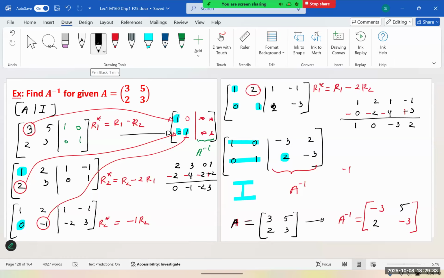So R1, 1, 2, 1, -1. Oh, yeah. 2 times 2, 4. 2 times 3 should be 6. Oh, man. Thank you so much for catching that. So this is -5. No, sorry, +5 because our 6 is positive. So 1, 0, -3, 5. Wow, now it's correct.